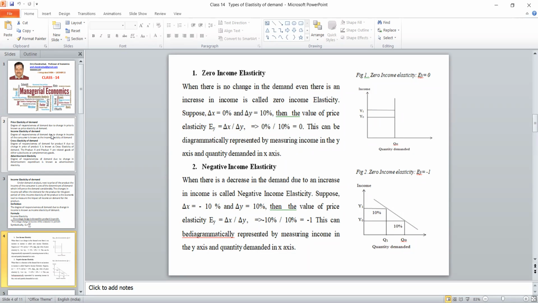Suppose because of an increase in income, we are demanding less. How does it happen? Suppose you are having a bicycle with your salary at 10,000 rupees. Suddenly your income increases to 20,000 rupees. Will you demand a cycle or something else? Definitely we go for the moped. So the demand for the moped will increase. The per capita income of an individual increases, and the demand for the cycle will be negative.